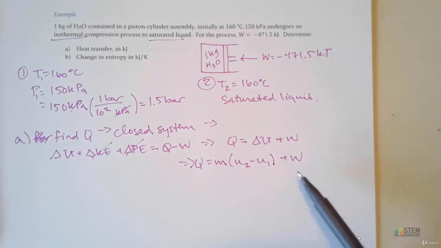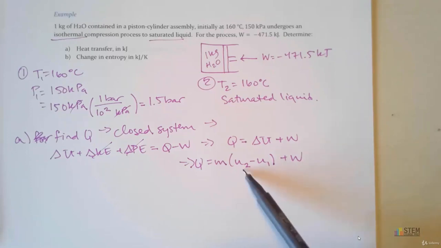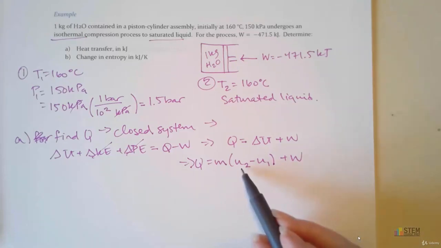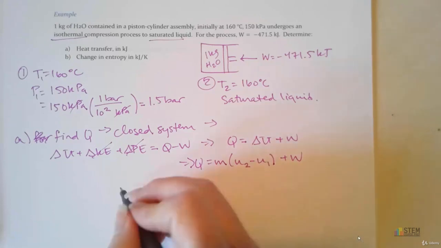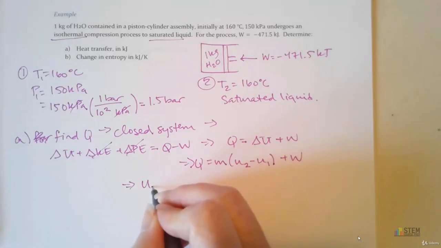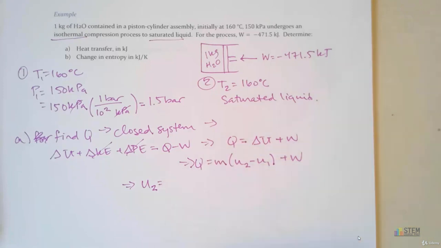Okay, so now we're here. Now you got to find these values in the table. So that'll be our next thing we need to do. We need to find U2. That one we have saturated liquid. If we have saturated liquid, that one is easy to find in the table.